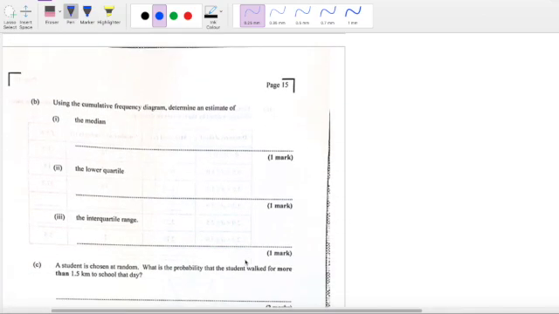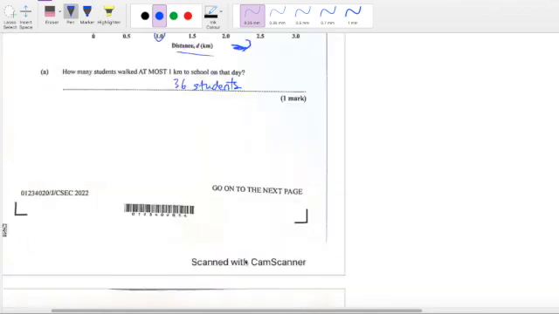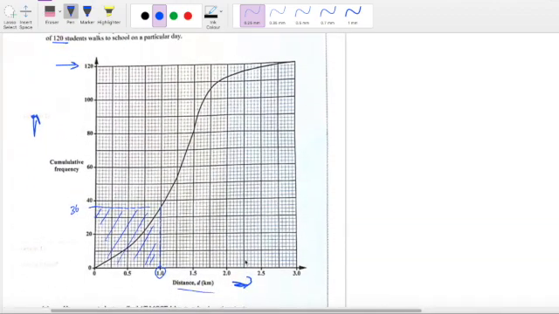Using the cumulative frequency diagram, determine an estimate for the median. The middle of 120 is 60. So we'll go straight across, hit that, and come down.